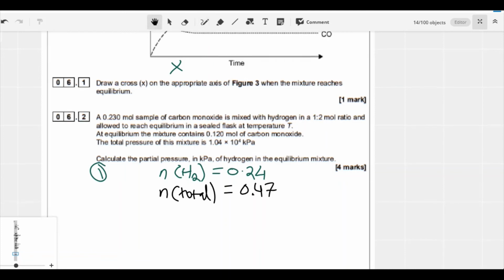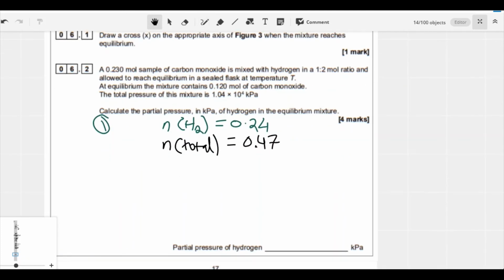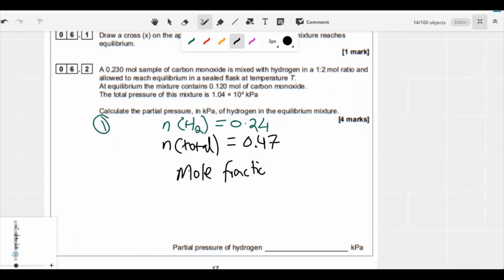Okay, now the next one, you need to find the mole fraction. Mole fraction is represented by x. Mole fraction is equal to the number of moles of hydrogen divided by the total number of moles.